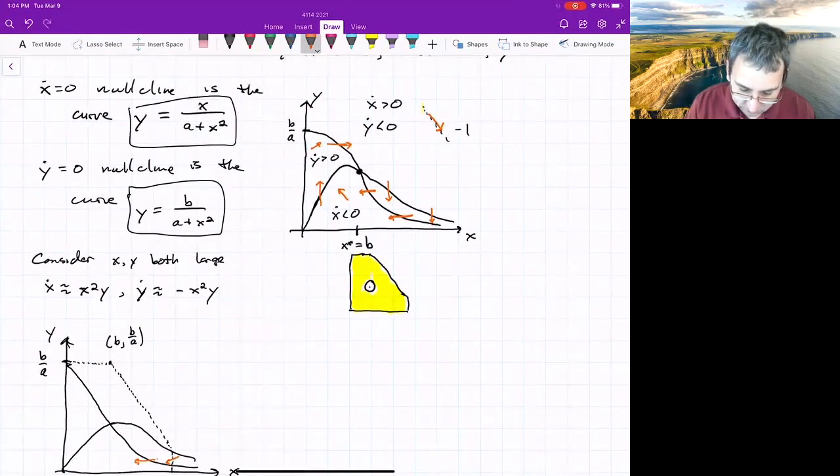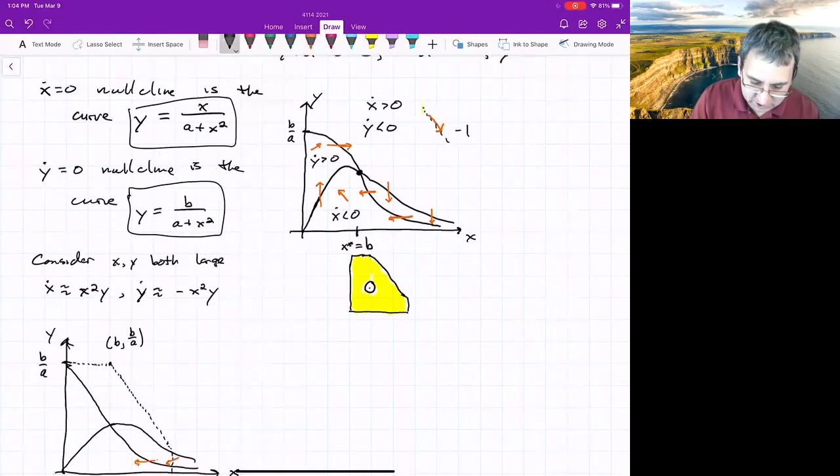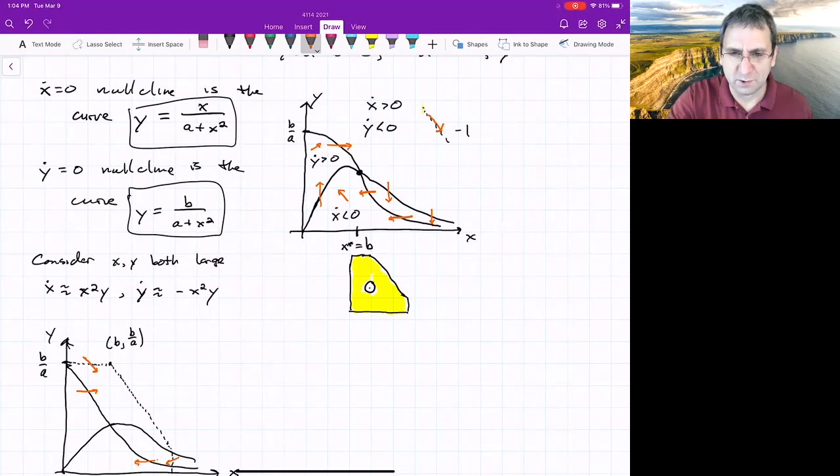It's not exactly clear what's happening up here, but we could verify that in this region, the top part of the trapping region, x dot is greater than 0 and y dot is negative. So that's also pointing inside. Maybe it's not as steep as I've shown it here, because we're really close to this nullcline where things are going that way. So maybe this is just kind of shallowly going in that way. So that works. But what about this 45-degree line?